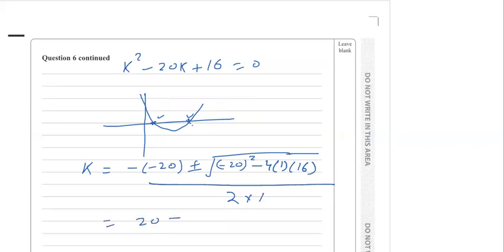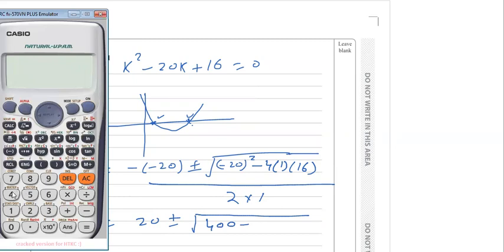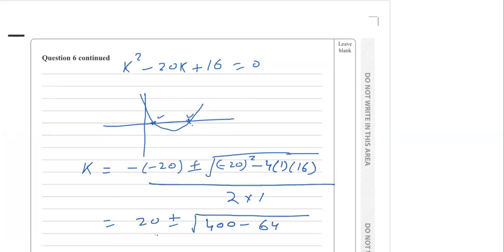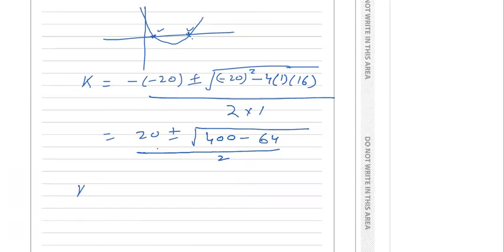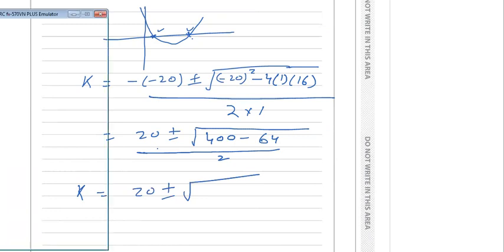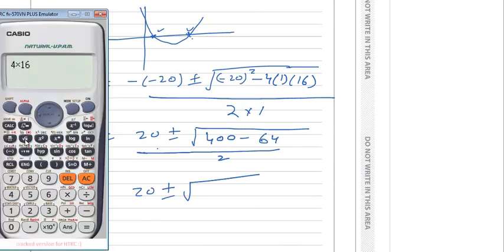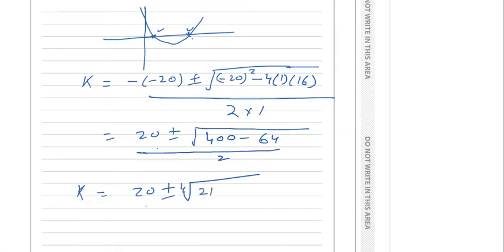So that will become 20 plus minus square root of 400 minus 4 into 16, which is 64, divided by 2. So k equals 20 plus minus square root of 400 minus 64. If I take the square root of 400 minus 64, that will be 4 square root of 21, over 2.